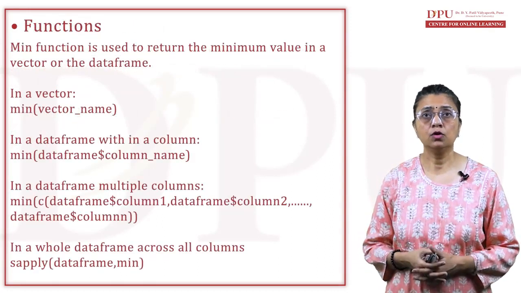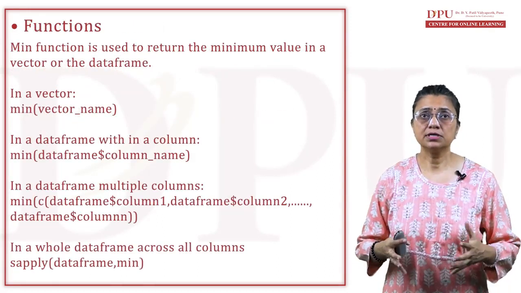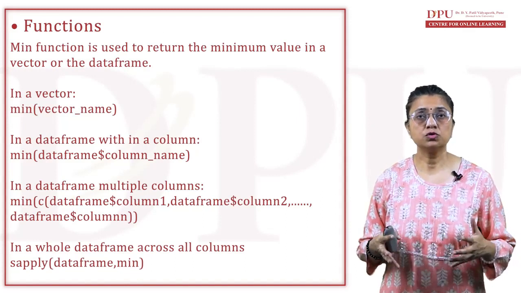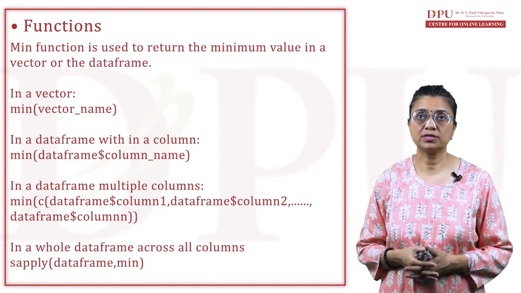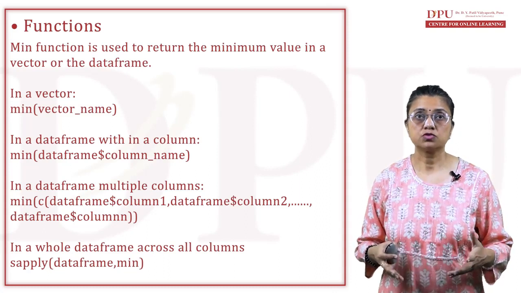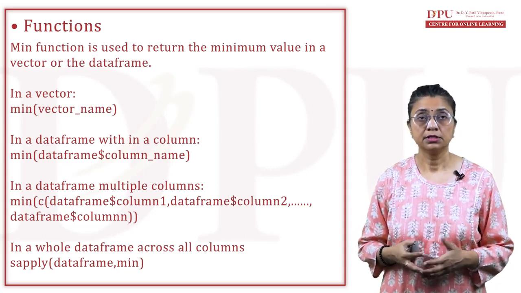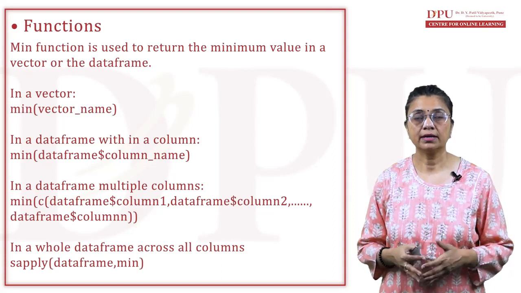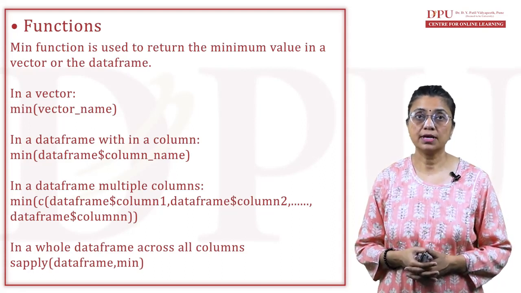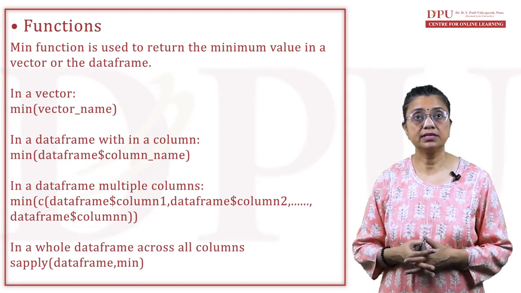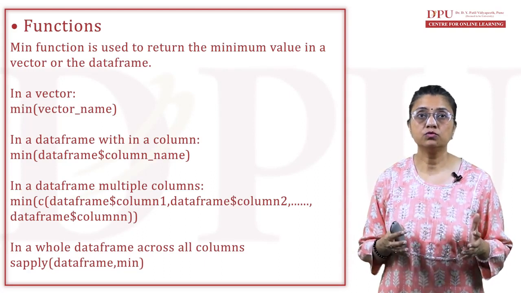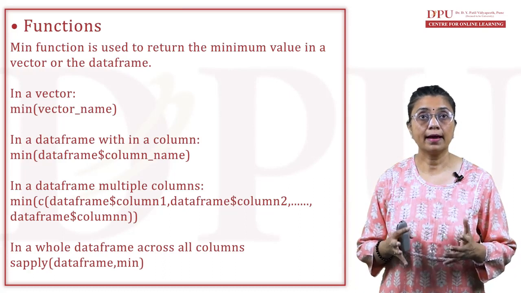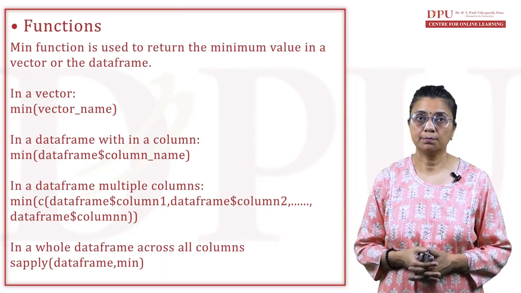Let's have a look at some functions. The first one is the min function, which is used to return the minimum value in a vector or a data frame. So how do we go about it? In a vector, I will call min and within brackets the vector name. And in a data frame with a column, I will use min, data frame, dollar symbol, column name.